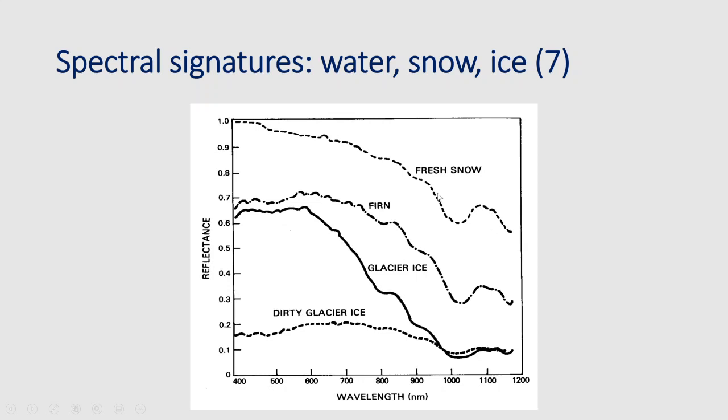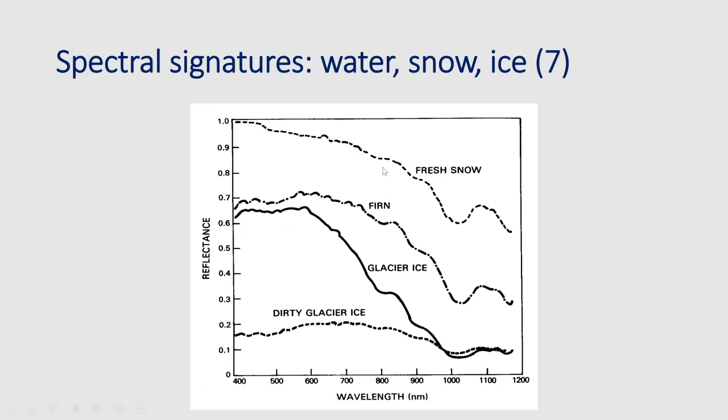In the mid infrared there are absorption peaks, where we have different metamorphisms of the snow: firn, glacier ice, or dirty glacier ice. Dirty means that we have impurities, for example, coming from vegetation or from particles of the atmosphere. You see that in this case the reflection is changing a lot.